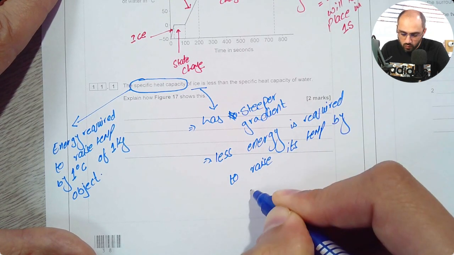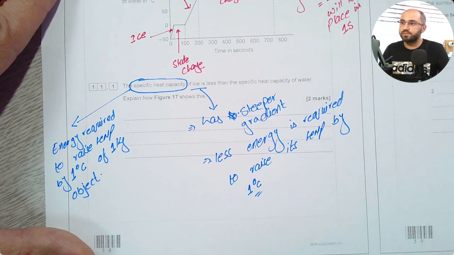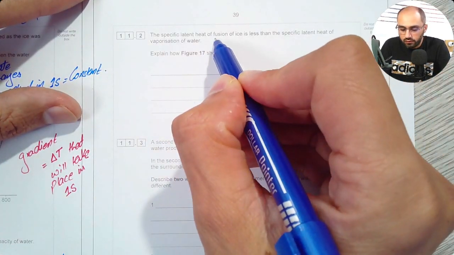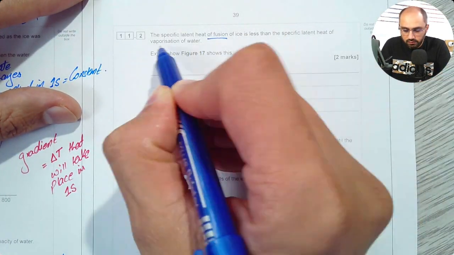The next part says the specific latent heat of fusion of ice is less than the specific latent heat of vaporization of water. Explain how figure 17 shows this again. So again, it's a similar question to the previous one, but this time it is about fusion and vaporization.